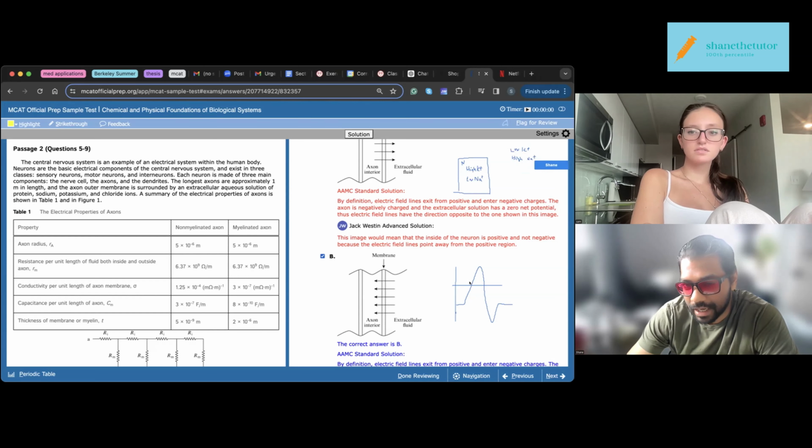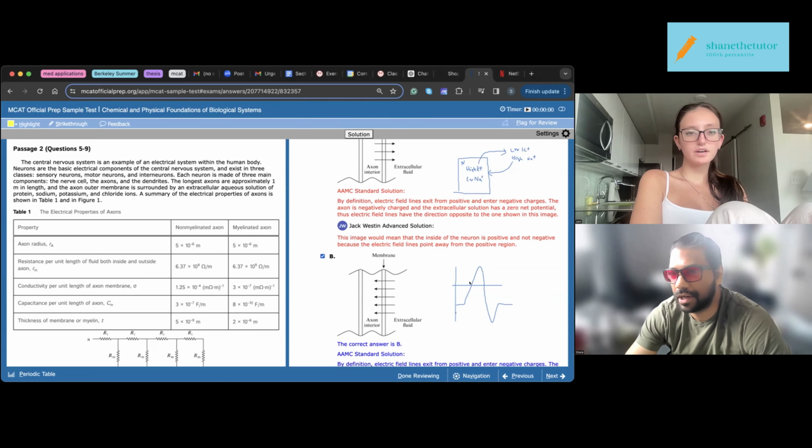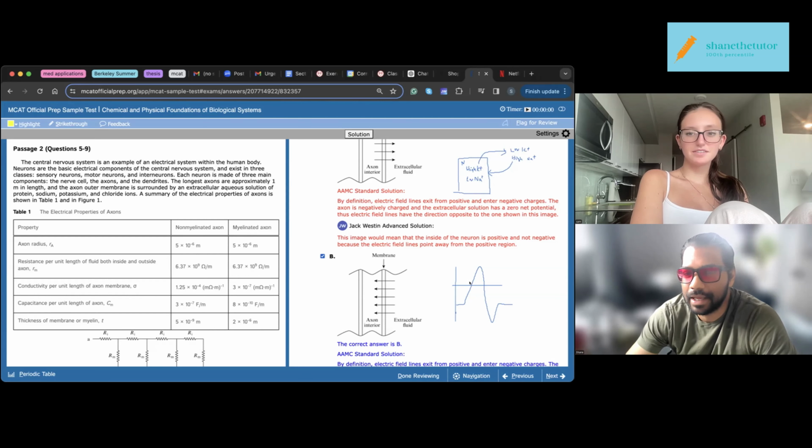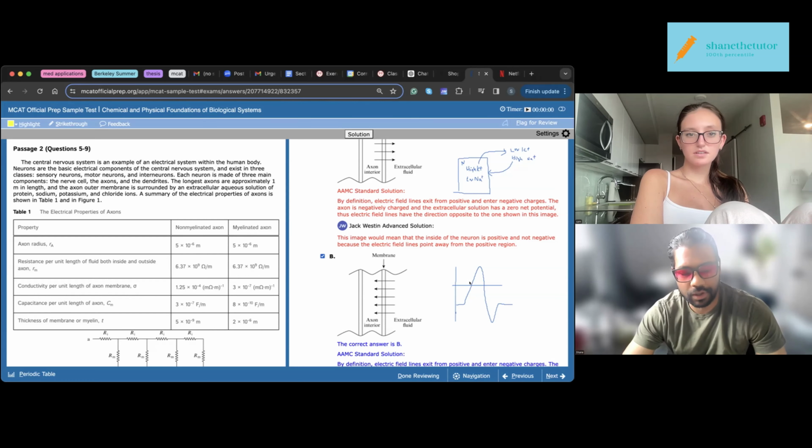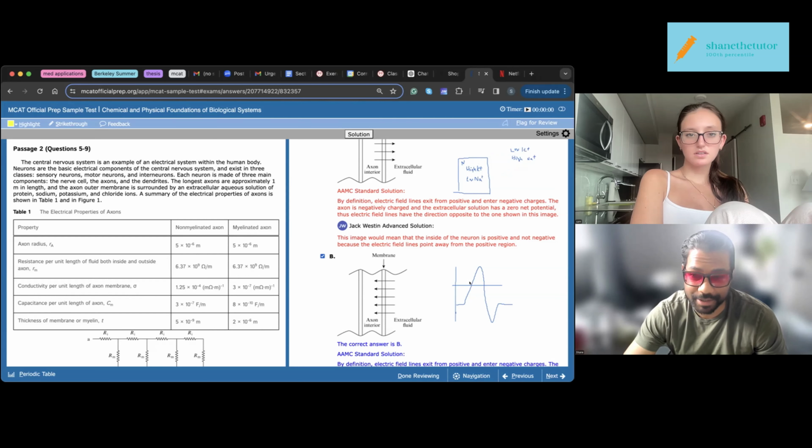Now, this shouldn't be the case because this should achieve equilibrium, meaning the potassium should be leaving the cell and the sodium should be entering the cell, right? So that's what should happen to achieve equilibrium.